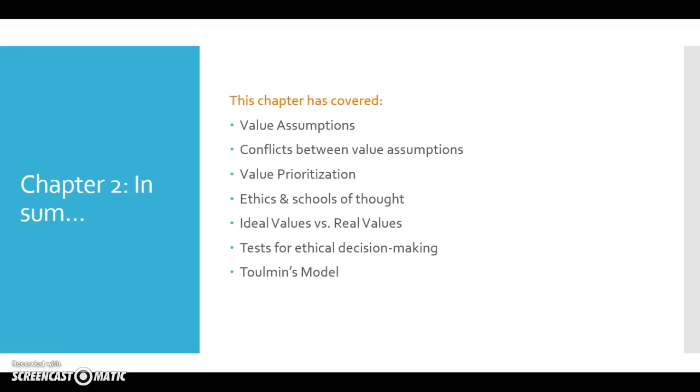So in summary, there was a lot in this chapter, and there's a lot in chapter 3 as well. This chapter has covered value assumptions, the ideas that underlie value assumptions, beliefs about what is good and important or bad and unimportant, and the conflicts that arise between value assumptions.